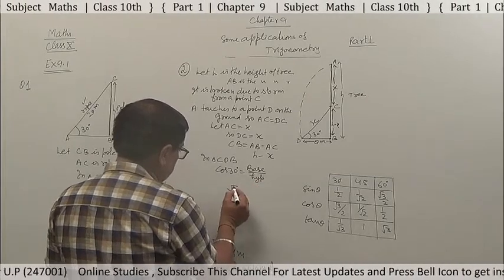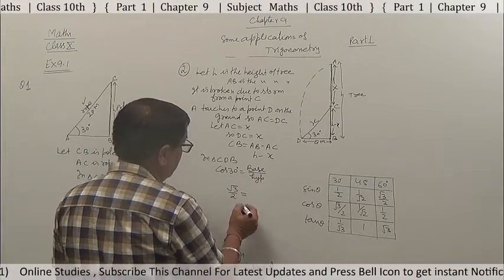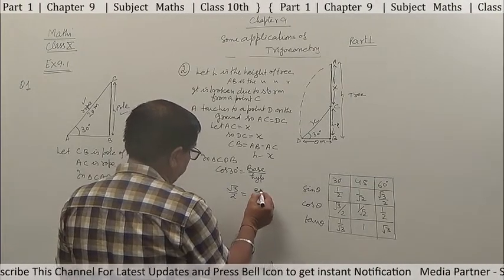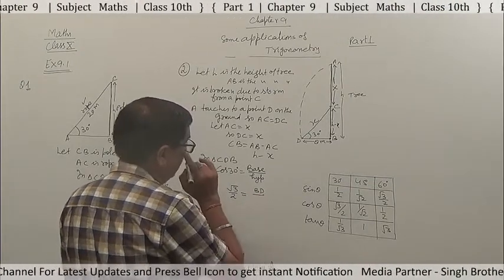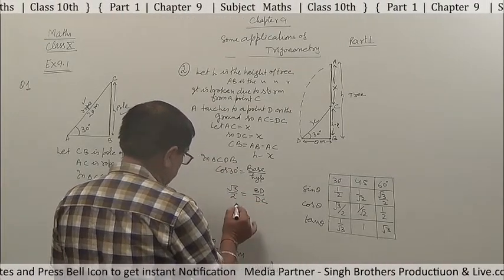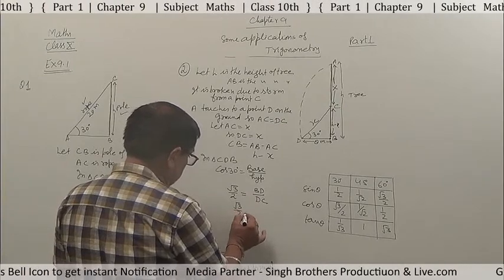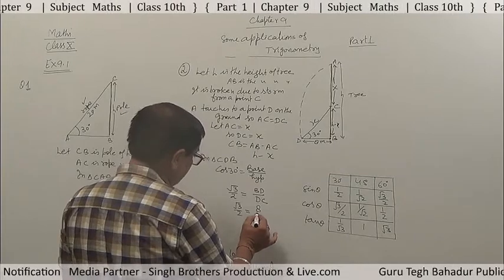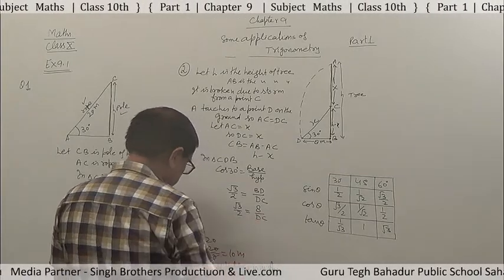Cos 30 is root 3 upon 2, base is BD, hypotenuse is DC, root 3 upon 2 is 8 upon DC.